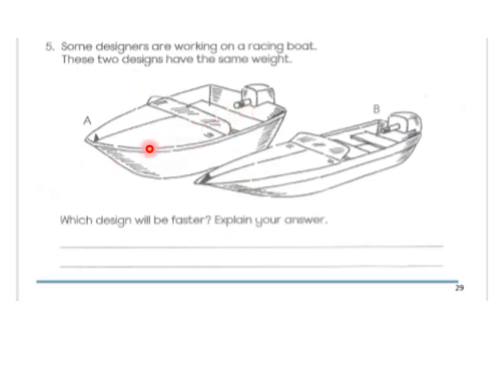So if this boat is sailing in the sea, you will find that there is a lot of area in this boat that the water will start to hit back and slow down the boat. While in design B, you will find it really narrow, so the water will not really hit it as much as this one.